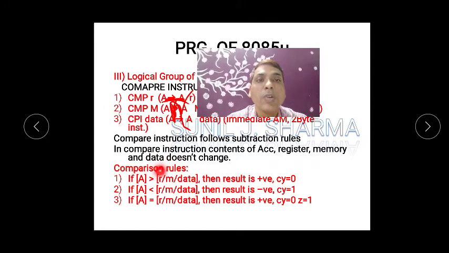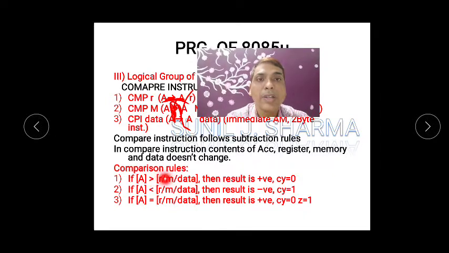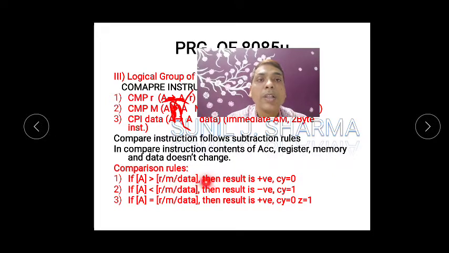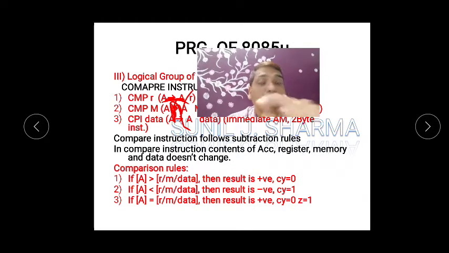Now there are three possibilities or rules. In the first case, if accumulator contents are greater than either register, memory or data, then the subtraction result is going to be positive, and since the result is positive, the carry flag has to be 0.